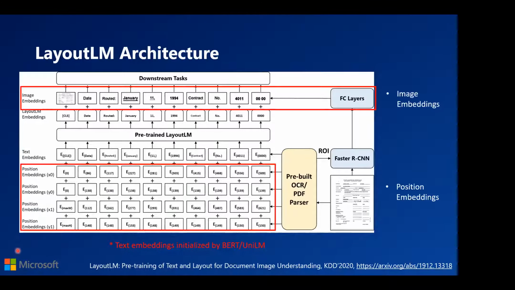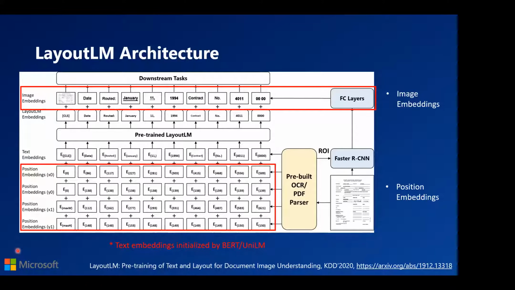In LayoutLM, we added two simple things. One, we directly embed the 2D position information of the bounding boxes of text lines. So adding x0, y0, x1, y1 is very straightforward, but it does provide 2D spatial information to the model, so the model can learn about these spatial relationships.